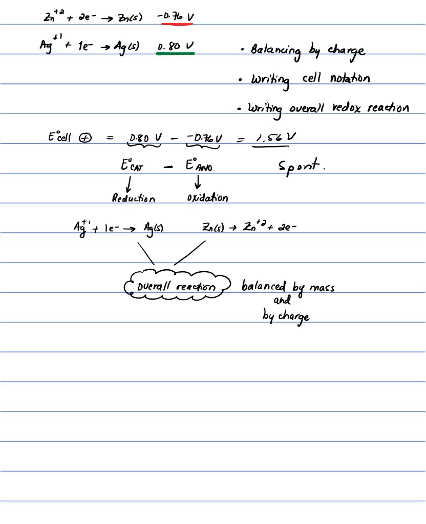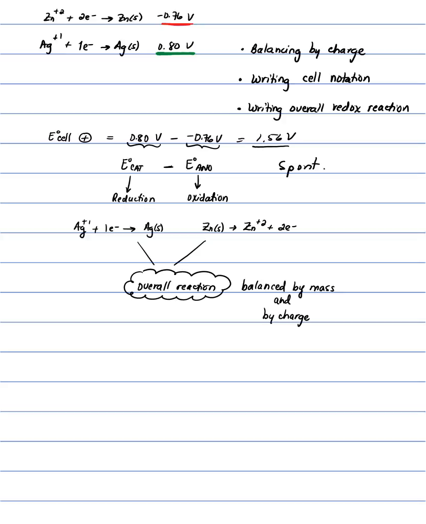Now you have your two half reactions, one representing the oxidation. That's what you have in the anode. Anode is oxidation, so the oxidation is happening in the anode. For your oxidation reaction, you need to flip the reaction that you're given as a reduction.